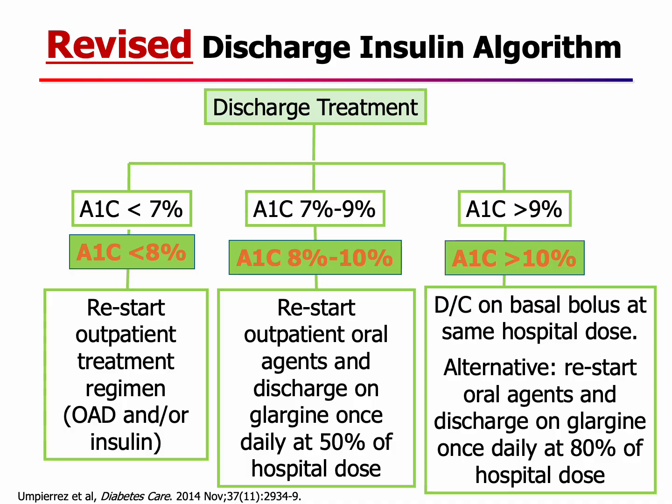For the previous 7 to 9%, it became 8 to 10%, and for the above 9% A1C, it became more than 10%. And with that, this marked the final chapter of our series, and thank you for joining me throughout this series.